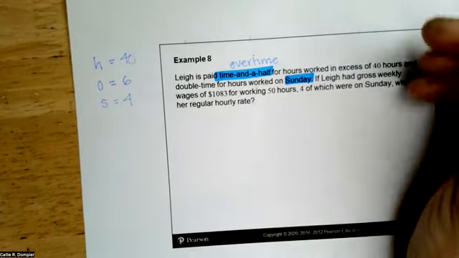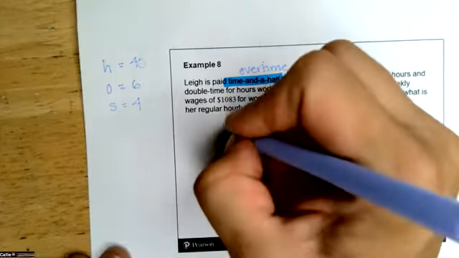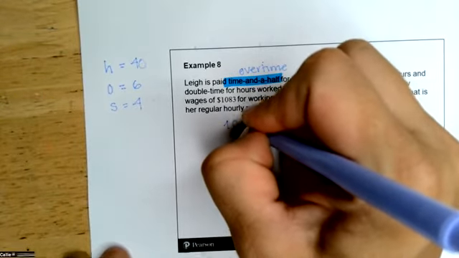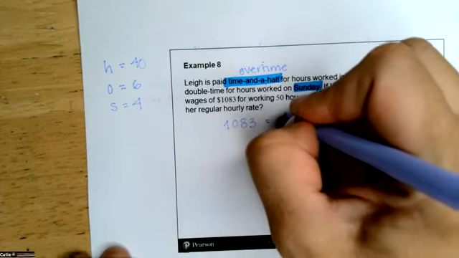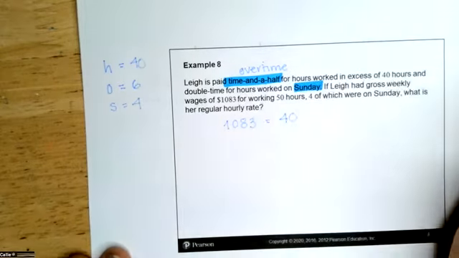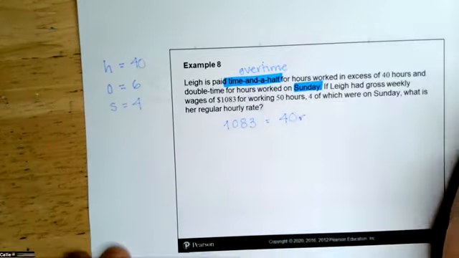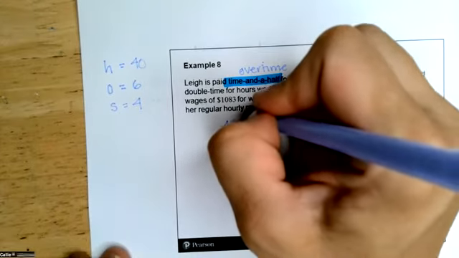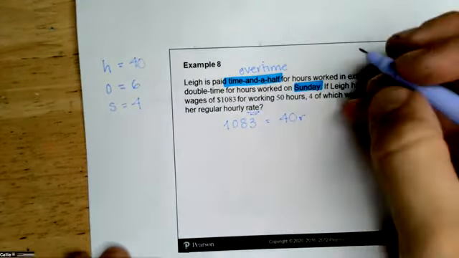She earned $1,083 that week. She got 40 hours for her wage, right? Or we can say rate. I can't decide between rate and wage. I'm going to say rate. So her rate times 40, right?